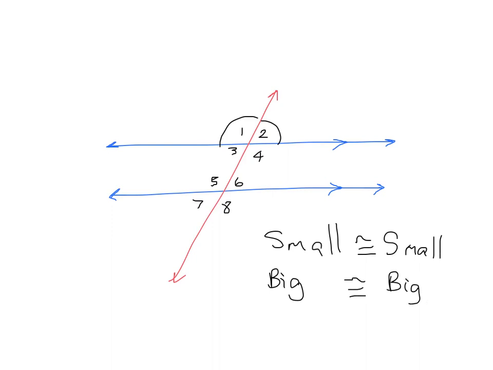And when you take a big angle and add a small angle, you will always get 180 degrees. That's a quick trick, but you still do need to know the terms, alternate interior, consecutive, and so forth. But when you are doing a problem quickly, you can use this to help you.